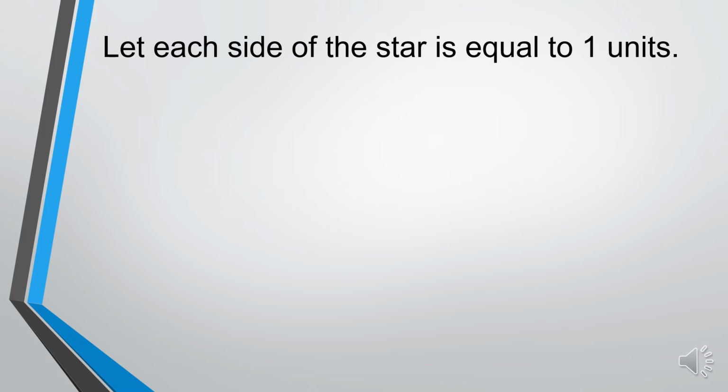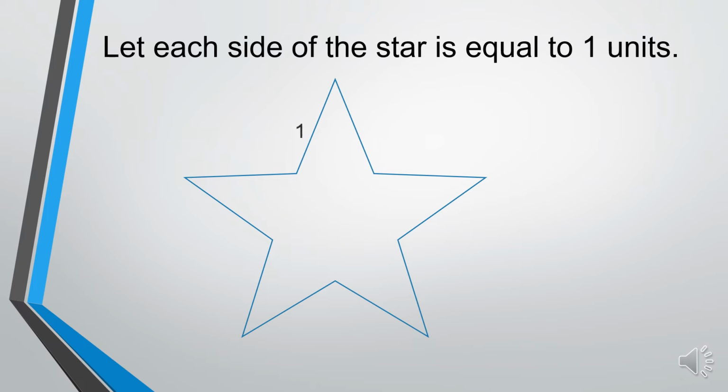Let each side of the star be equal to 1 unit. So this is the figure of our star. So as you can see in our figure, all sides of the star are equal to 1.